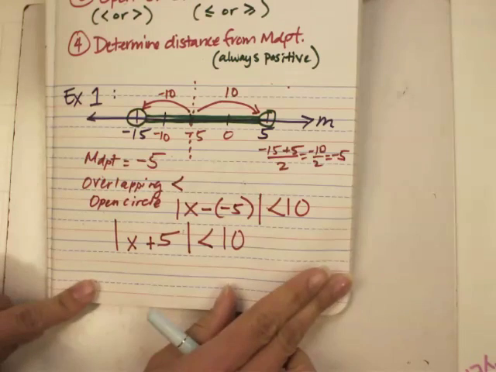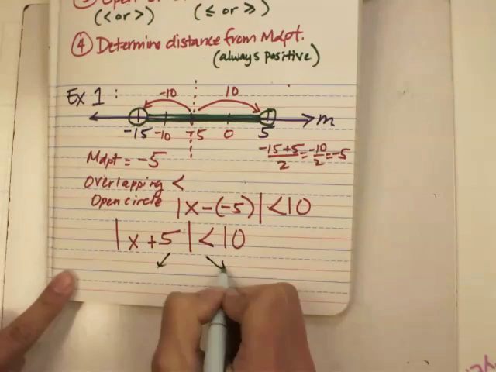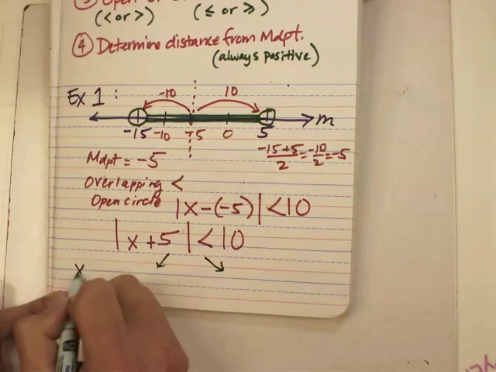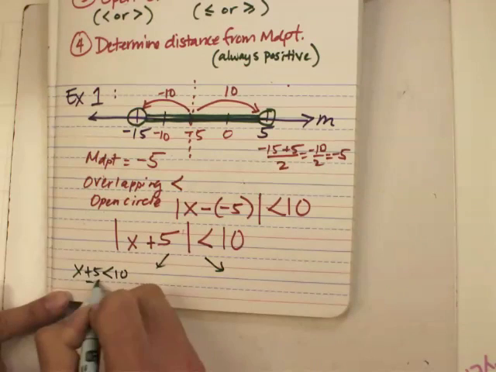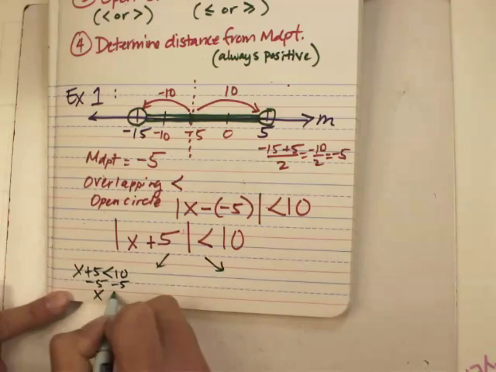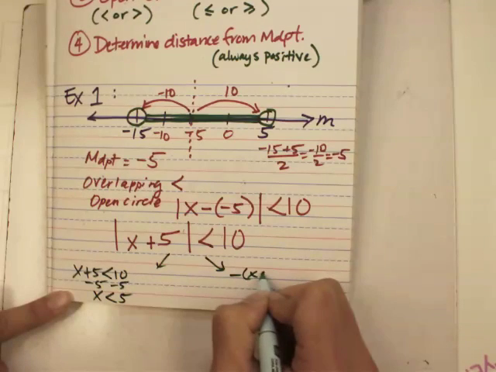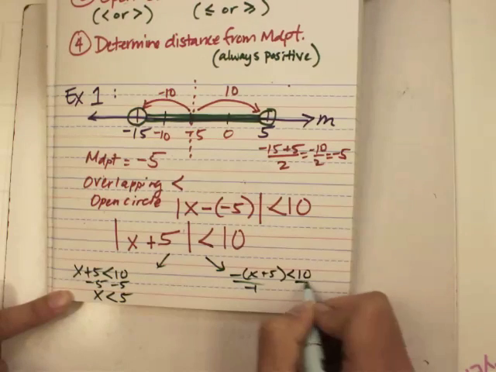We can do a check, and to do a check you just go in reverse and you just solve for this equation. So we're going to apply what we used yesterday. Okay, so you have x plus 5 is less than 10. I'm going to subtract 5, x is less than 5. Or in the negative case, you're going to have to divide by -1.